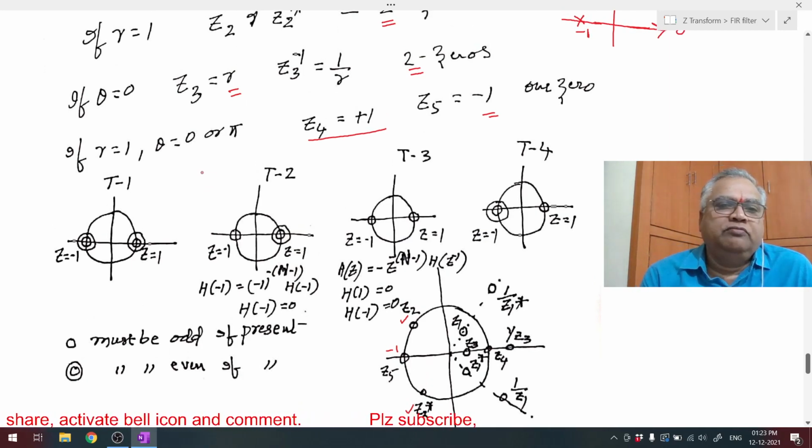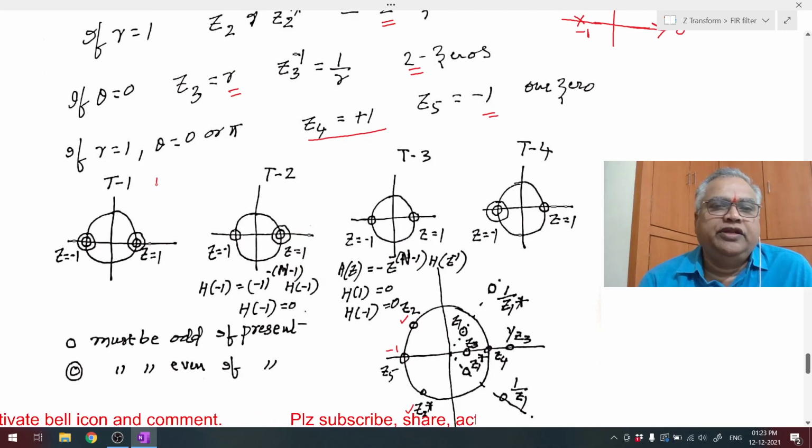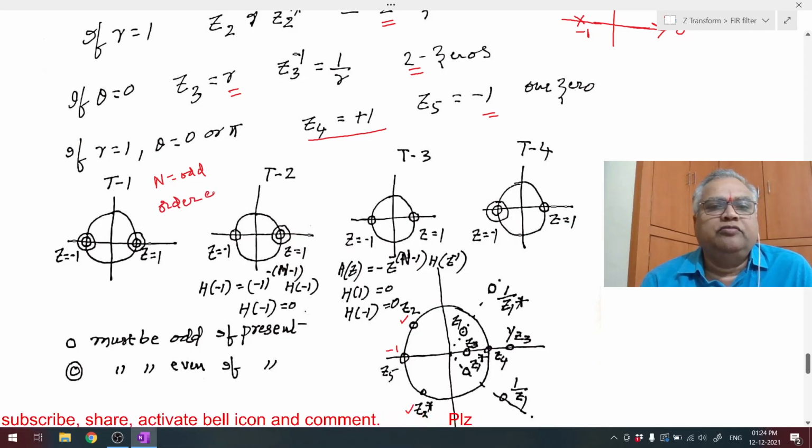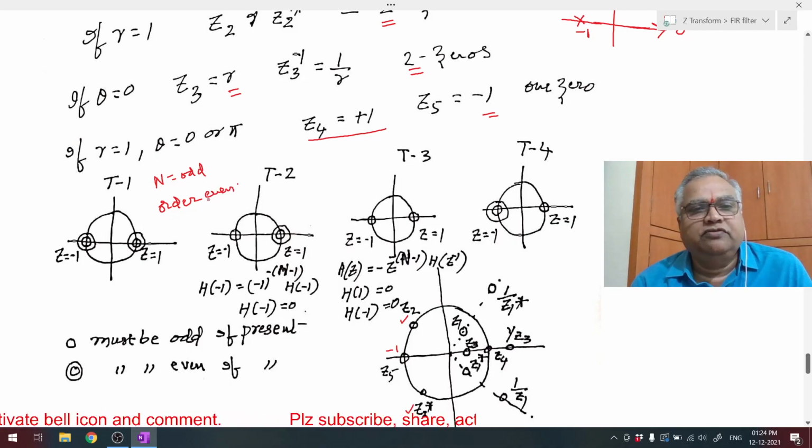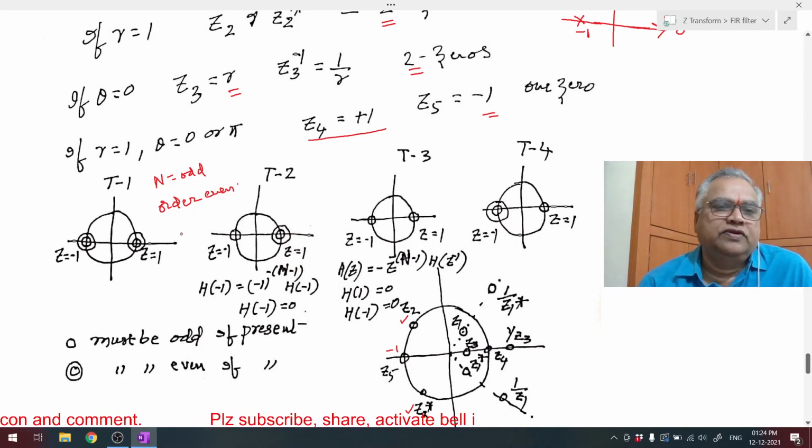And type 1 is basically n odd. But when n is odd, the order becomes even. The order of that polynomial is even. So an even order polynomial will give an even number of zeros. So here one circle means it must be odd if present.